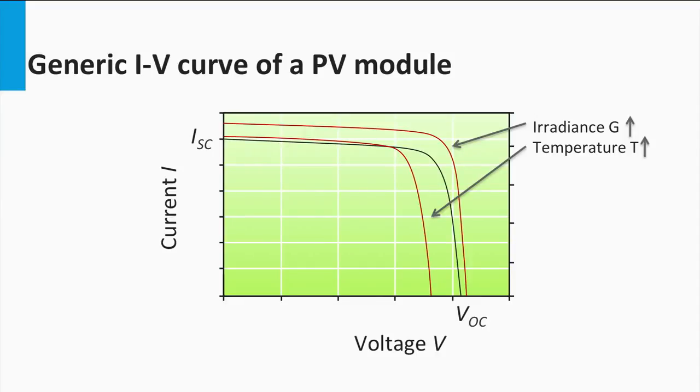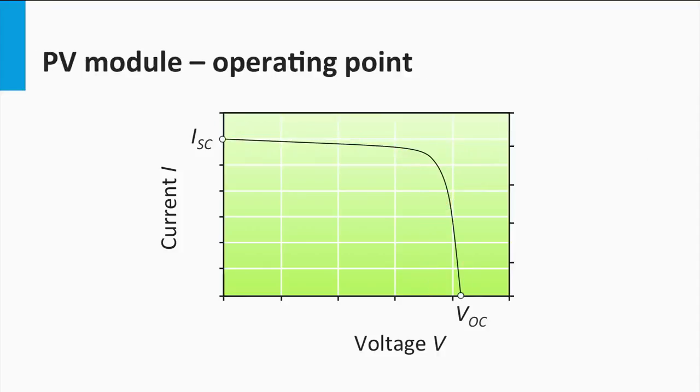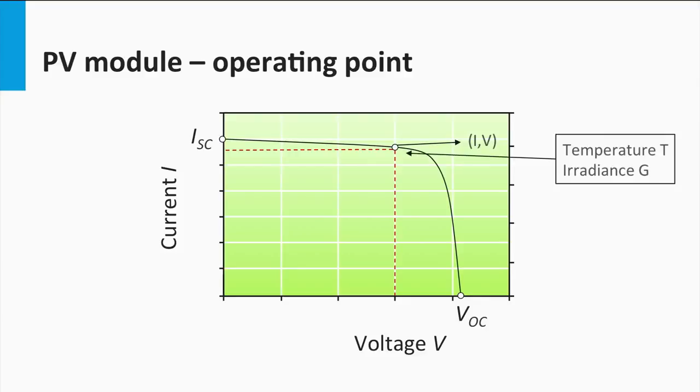Now let's try to understand the concept of the operating point. At any given point in time, the solar module operates at a particular voltage and current. The point on the IV curve where the solar module operates is called the operating point.